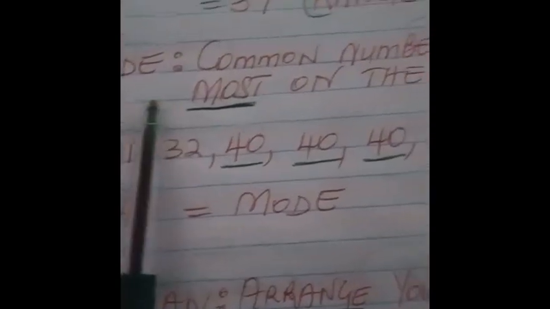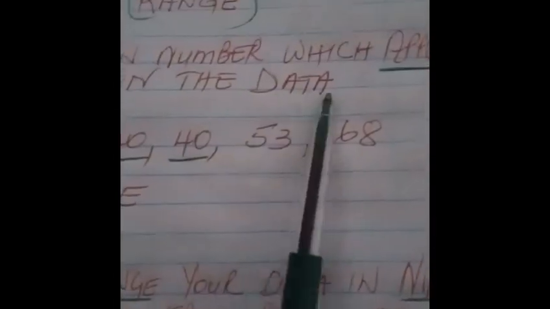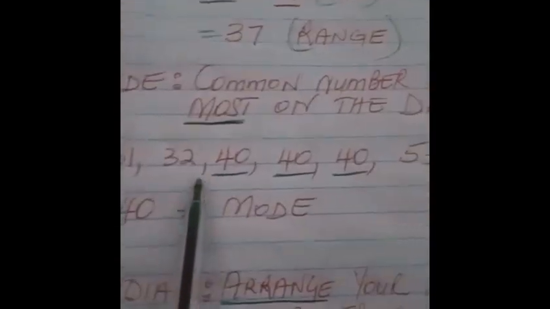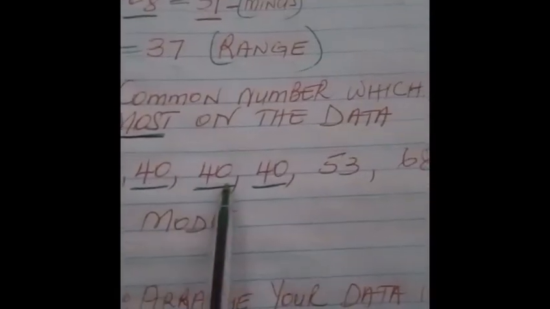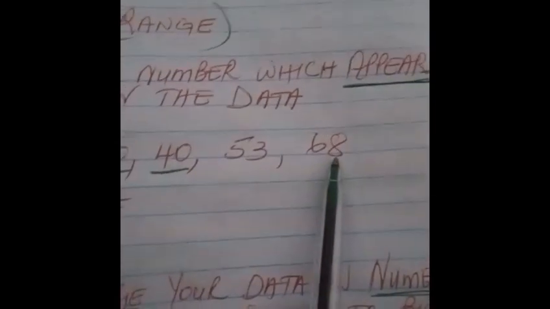Then we proceed to the mode. What did we say the mode is? The mode is the common number which appears most in the data. Here's our data: 31, 32, 40, 40, 40, 53, 68.